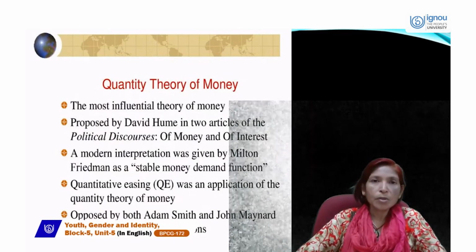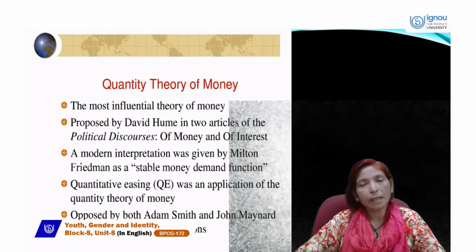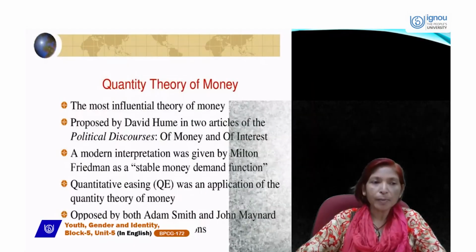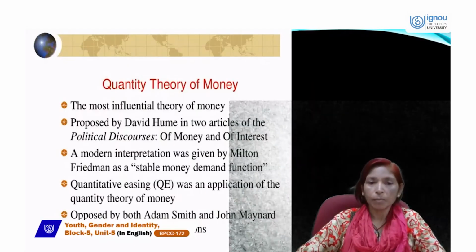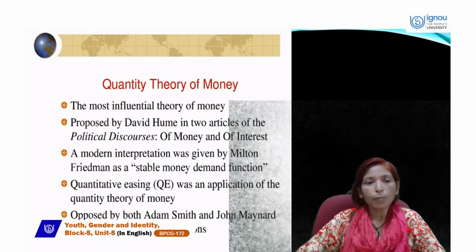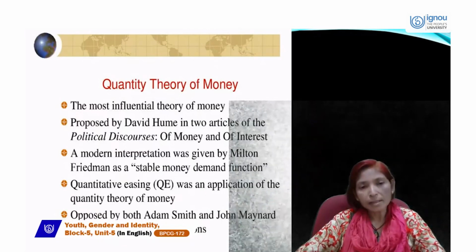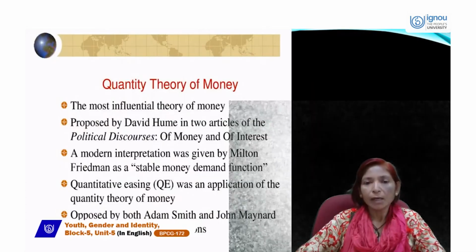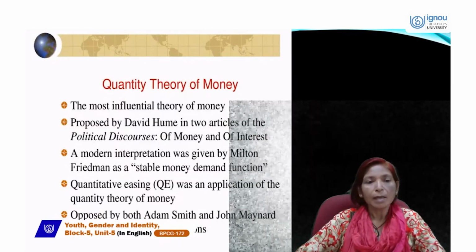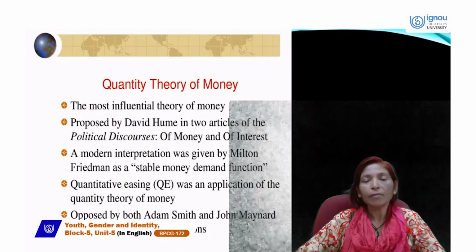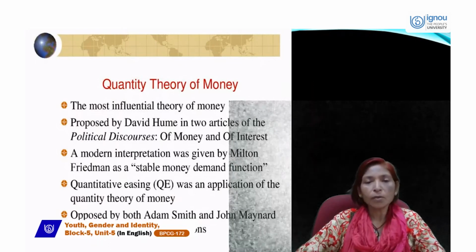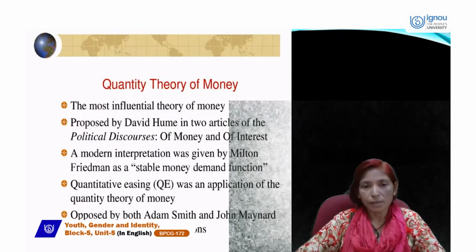This is the most influential theory of money. Firstly, it was proposed by David Hume in two articles, Of Money and Of Interest, from his Political Discourses. One article is Of Money, and the second article is Of Interest.